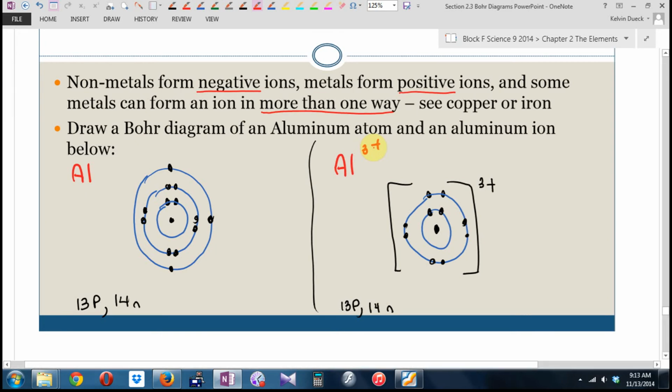It's not much writing, but you have to really pay attention. Atom, ion, atom, ion. Part of your homework practice is going to be drawing some of these ions as well. In Science 10, I say we have to put square brackets and the ion charge, because that's what kids forget. They're so proud of getting the electrons right. They forget square brackets and ion charge.